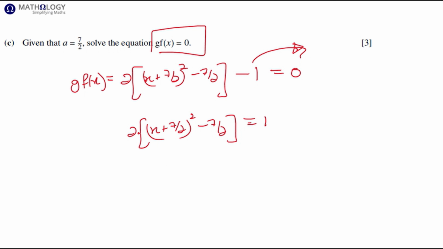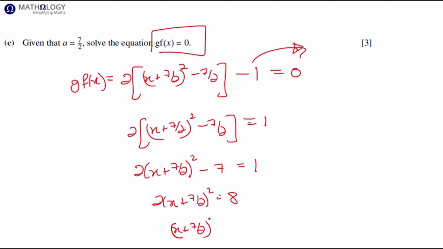Now we're going to bring 2 into the square bracket. So 2 times (x plus 7 over 2) squared minus 2 times 7 over 2 will be minus 7. That equals 1. 2 times (x plus 7 over 2) all squared equals 1 plus 7, which is 8. (x plus 7 over 2) all squared, divide both sides by 2, equals 4.